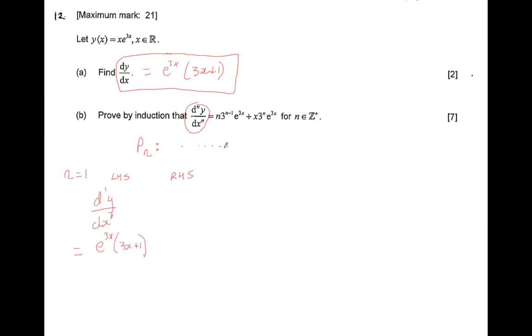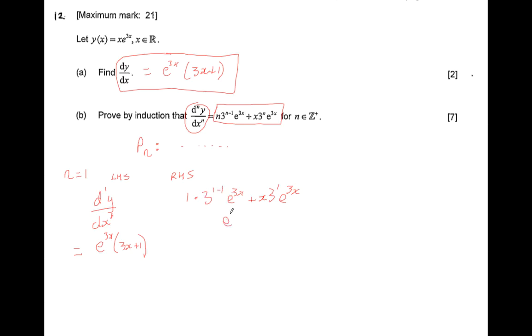And now the right-hand side is clearly given by this expression here. And so when n equals 1, the right-hand side is 1 into 3 to the 1 minus 1. My advice here is always write it out, no matter how trivial it might seem, no matter how easy it'll be to do in your head. But you have to have this structure, this setting out here. So this is 3 to the 0, which is 1.